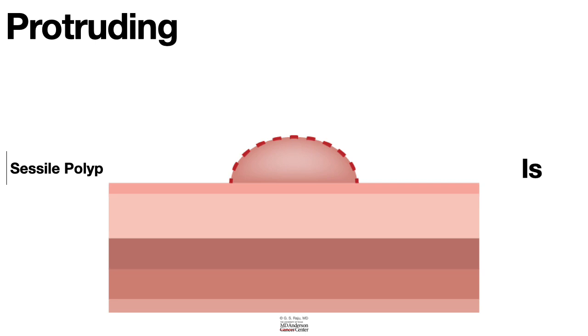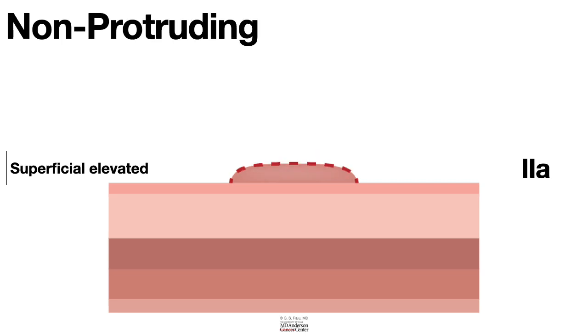When you press it down further, it is known as superficial elevated, otherwise referred to as a 2A lesion, where the polyp is elevated above the mucosa, but it is less than the height of a biopsy forceps placed on the mucosa.